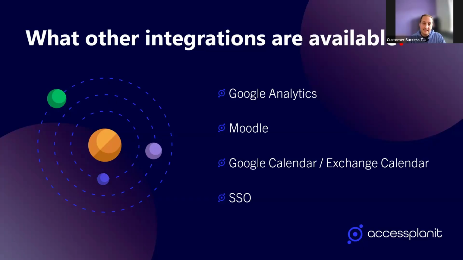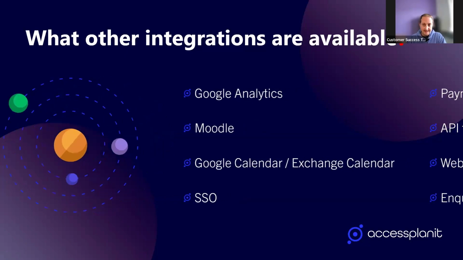We're going to look at Google Analytics, Moodle, Google Calendar and Exchange Calendar, and finally SSO. So some of these you may be aware of, some of them you may use already, but we're going to have a quick run through these. This isn't a complete list. This is just 4 that we've picked out today, and we still have quite a few others that are available already, but these are the 4 we'll focus on this session today.